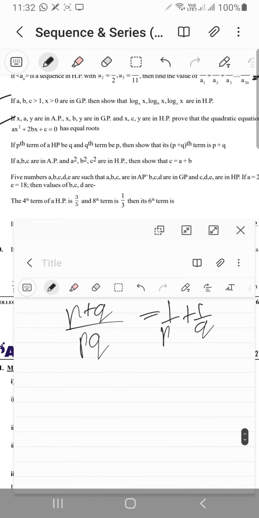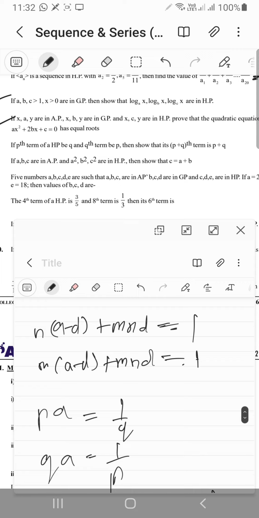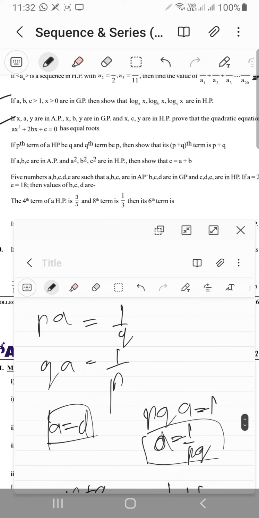So the P plus Q term of the AP will just be P plus Q times A. For the corresponding AP, that's just like that. Something's not correct, unless, of course, PQ is 1, which cannot happen. Then why is this going wrong?